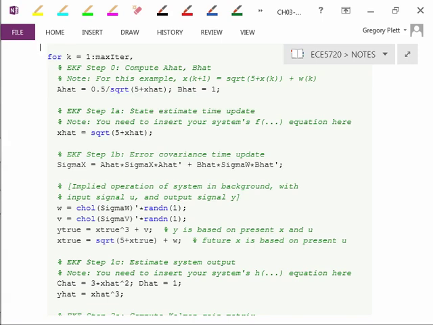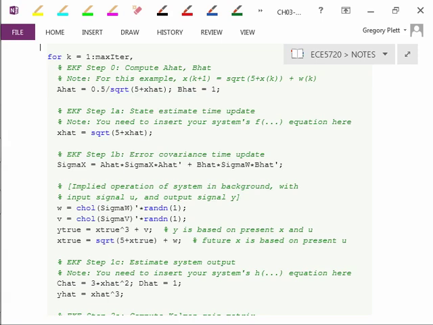And A hat depends on the prior estimate, not the present prediction, so I have to compute A hat before I update x hat with the present prediction. That's why it's in step 0. So A hat is 0.5 over square root 5 plus x hat. That should correspond with what we saw before. And B hat is equal to 1.